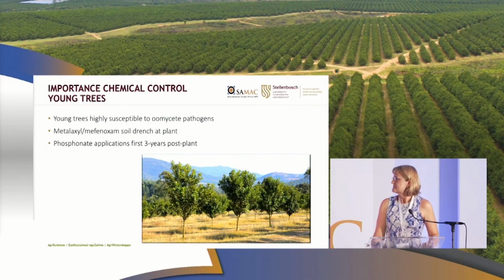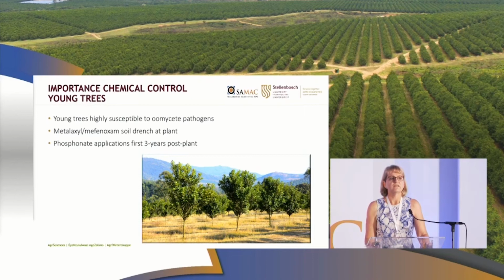Then just for chemical control on young trees, our recommendation in avocado and on apple, where Phytophthora is also a problem, is that it's very important to treat your young trees because they are very susceptible. And if Phytophthora gets a hold of a young tree, it's going to be difficult to recover that orchard. So rather go for a preventative application.